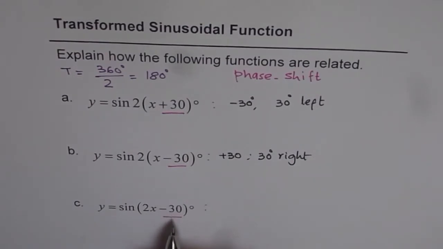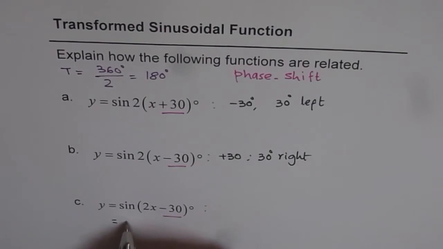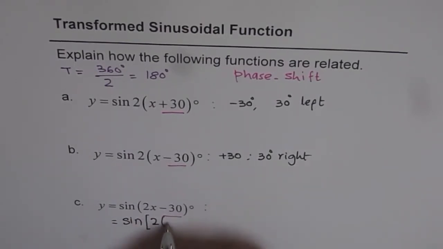Now let's look into this one. This is kind of typical. Here you'll find that we have within the bracket 2x minus 30. Now to find out exactly what the phase shift is, we need to factor out this number 2. Once we factor, we can write this as sine of, within the bracket, 2(x minus 15).